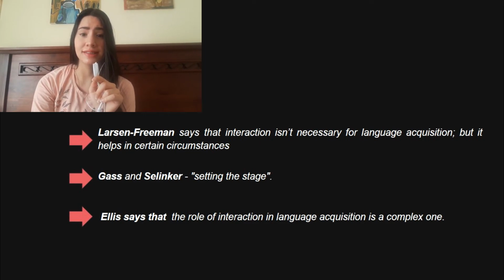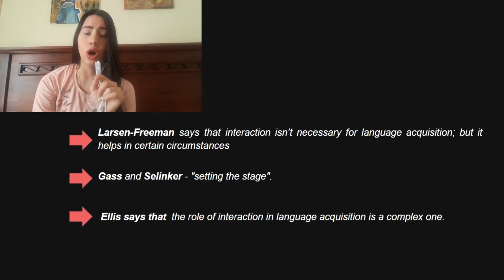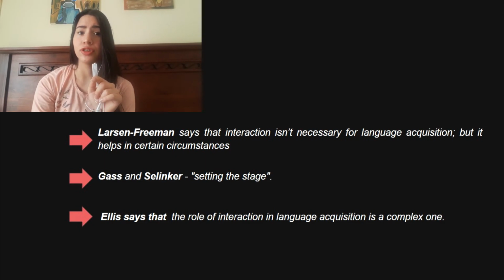This can happen if interlocutors use extensive paraphrase or give a complex definition of a word that wasn't understood. And he comes to the conclusion that the role of interaction in language acquisition is a complex one.